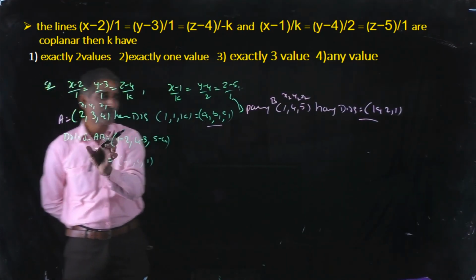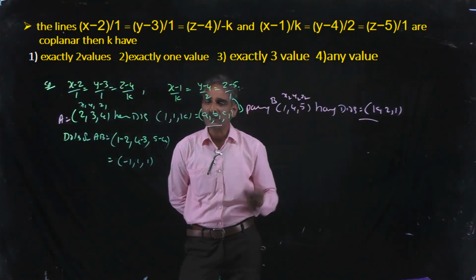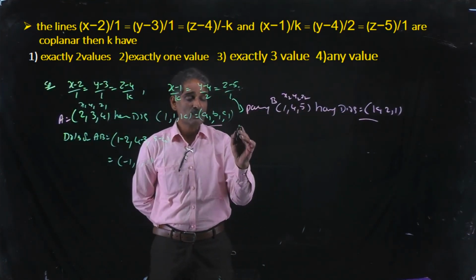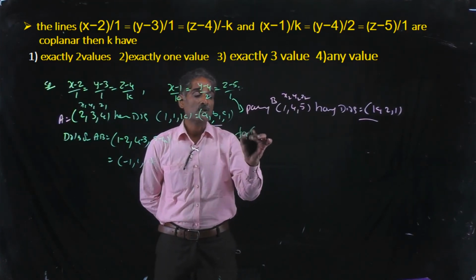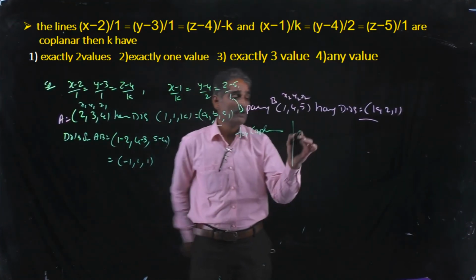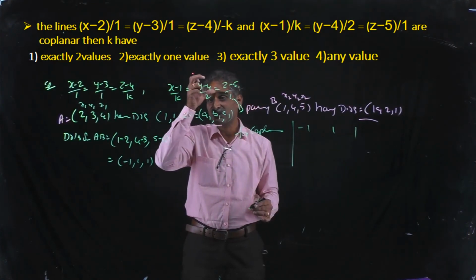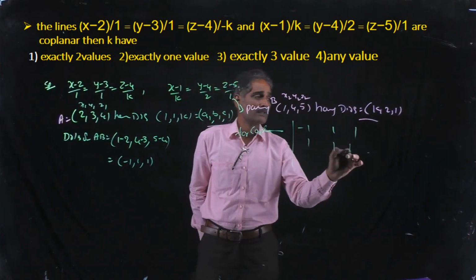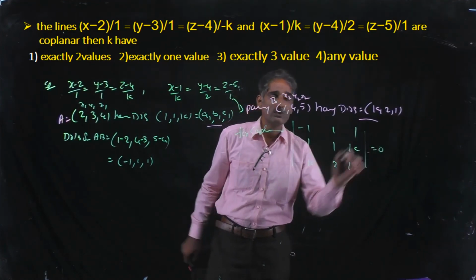Here now AB and these two lines are coplanar. So for coplanar, the determinant of these three vectors equals 0. The determinant of minus 1, 1, 1; here the DRs of this line 1, 1, k; these line DRs are k, 2, 1; that is equal to 0.